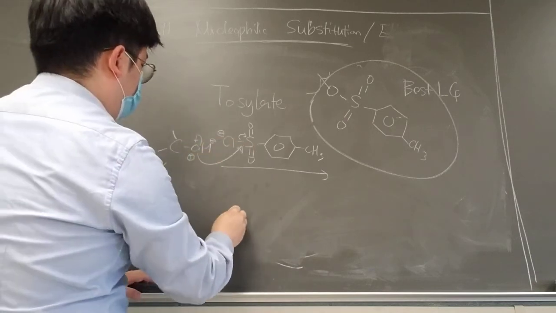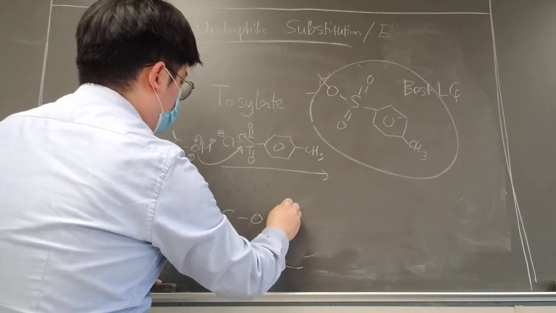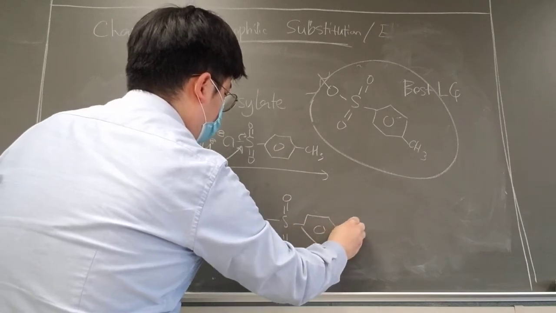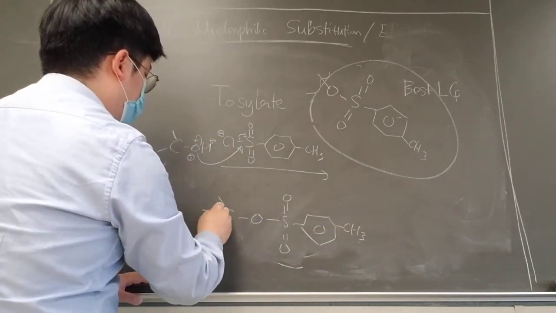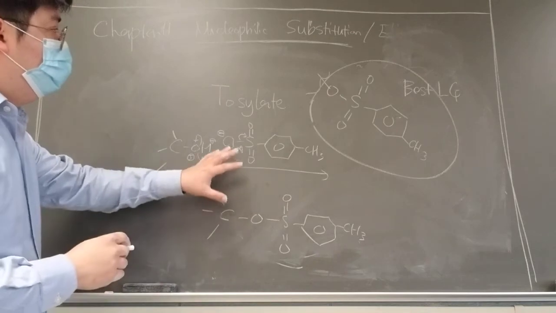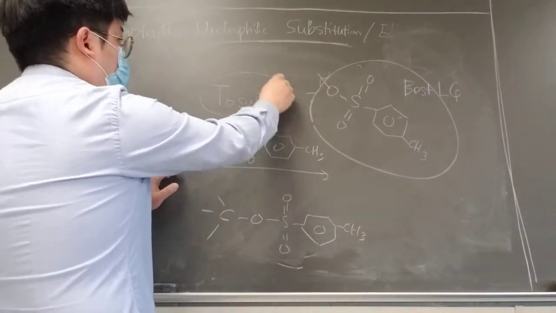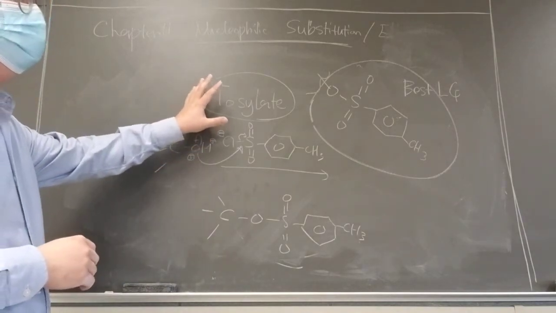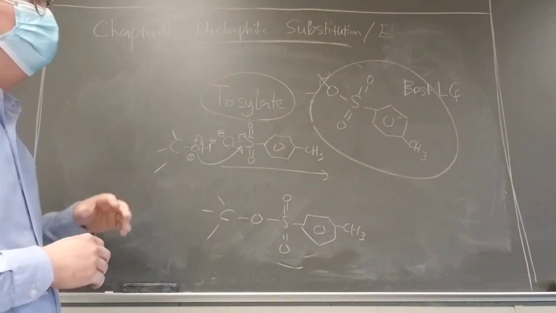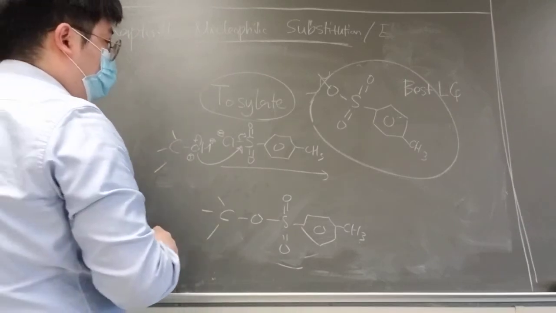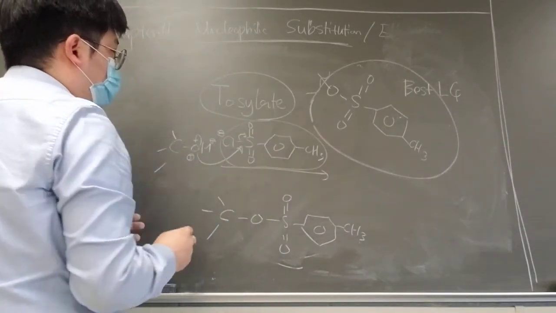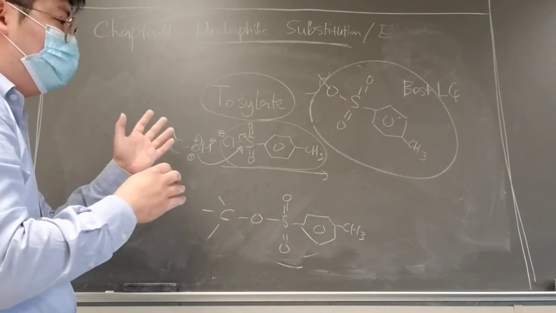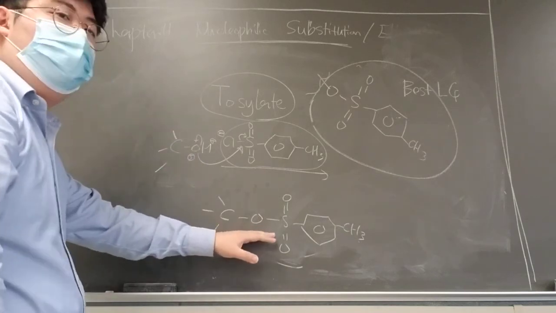So they can have this form. This is another way to do the same, and it is quite important in organic chemistry because this is the best leaving group among all the other leaving groups. It is quite a common compound you use to switch a not so good leaving group to the best leaving group.